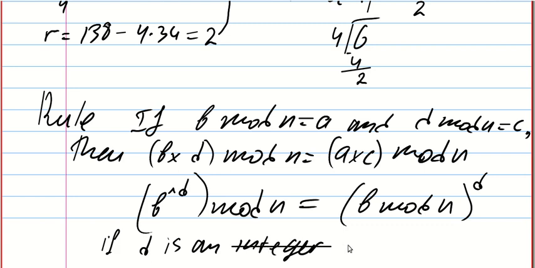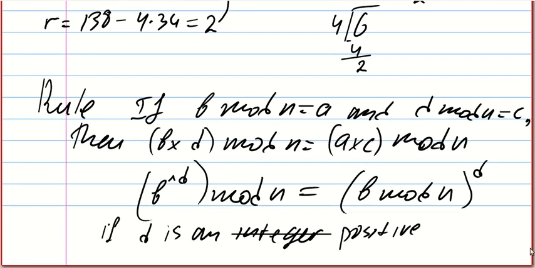Actually not integer, but positive integer. So basically you're going to write b times b times b, d times, and you can apply this previous rule and you will get this, to show that this rule is true.